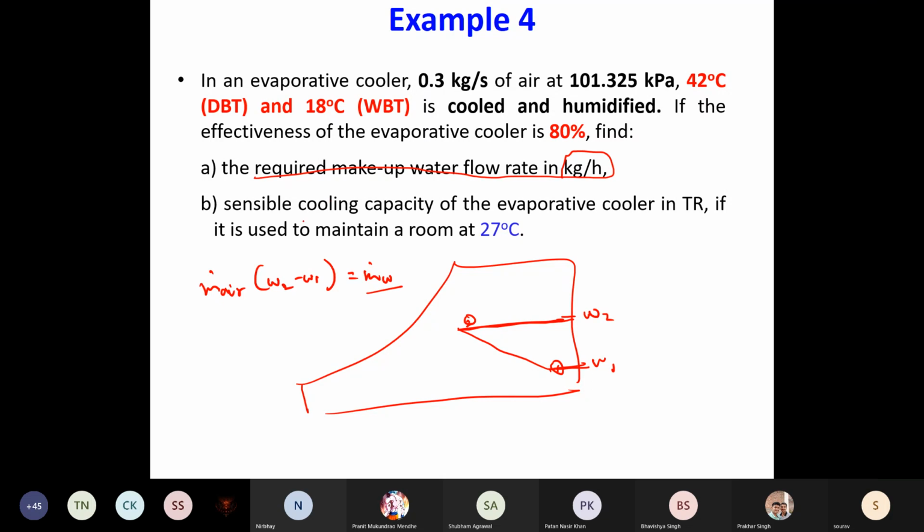Next part is what is the sensible cooling capacity of this evaporative cooler if it is used to maintain a room temperature at 27 degrees C. So this 23-degree air goes into a room to maintain 27 degrees.